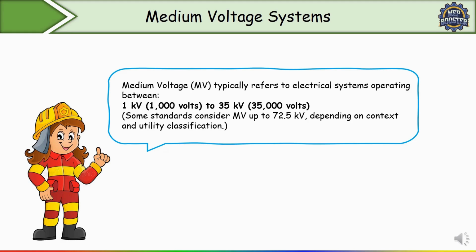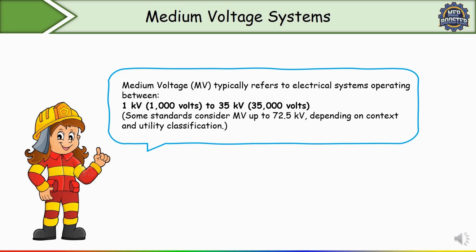So why is medium voltage important? Medium voltage systems are used to transmit and distribute power over long distances in cities, towns and industrial zones. These voltages are high enough to be efficient for distribution, but not as high as transmission voltages, which are high voltage systems. Is it clear?